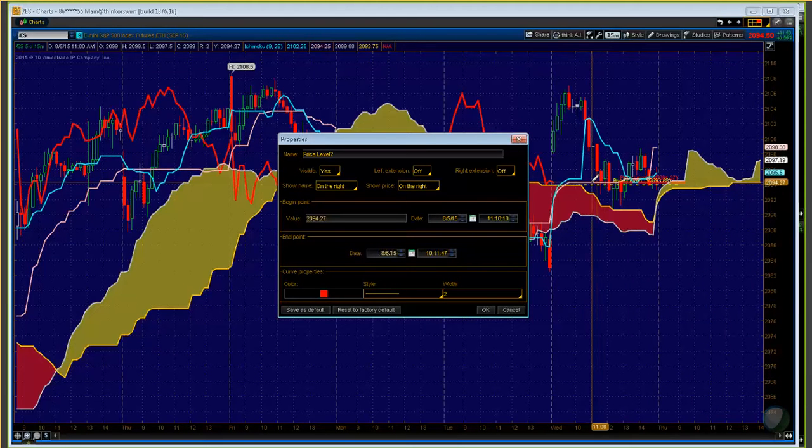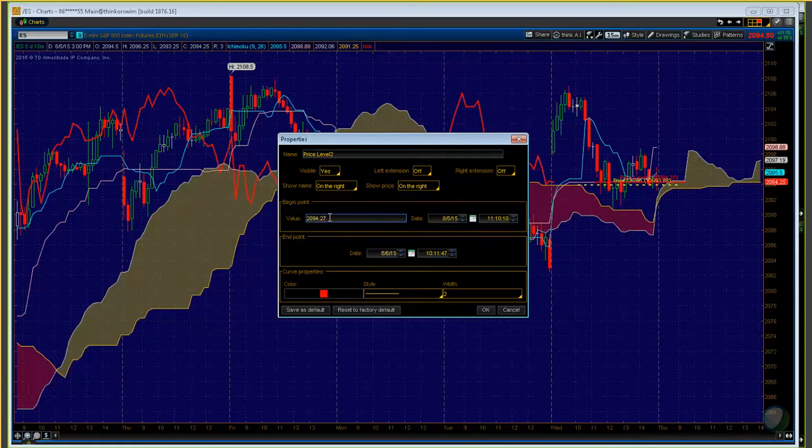And that was at 94.25. We'll make that a salmon line.